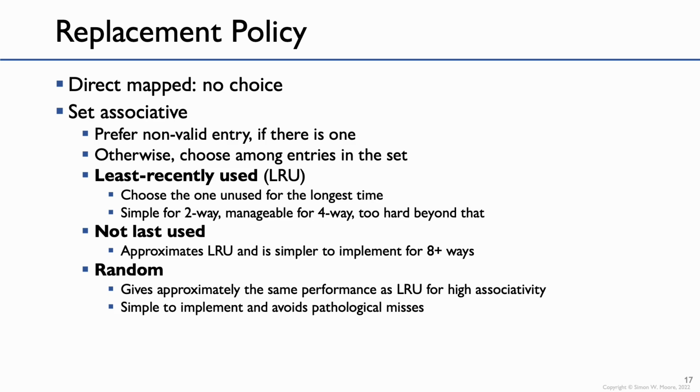Another approach, if you want something simpler, is not last used, and it's sometimes referred to as a sort of pass the hot potato algorithm. So the idea here is every time you get a cache hit, if that particular cache line is holding the hot potato, or the bit saying you're likely to be replaced, then it says, "Oh no, not me.